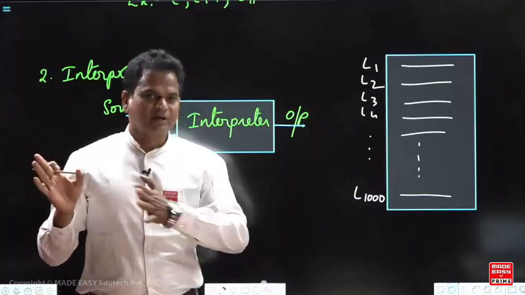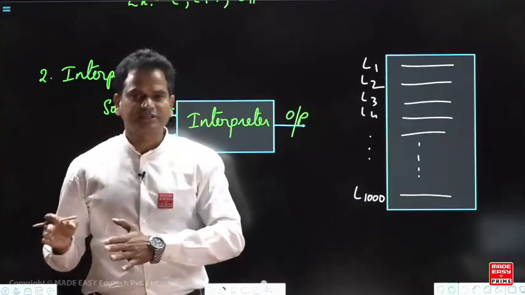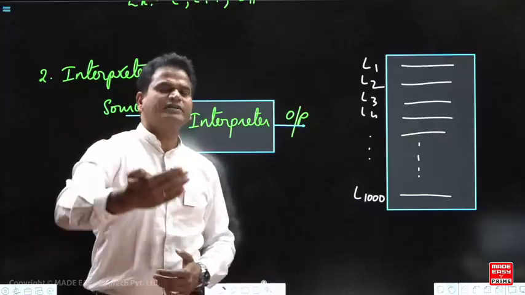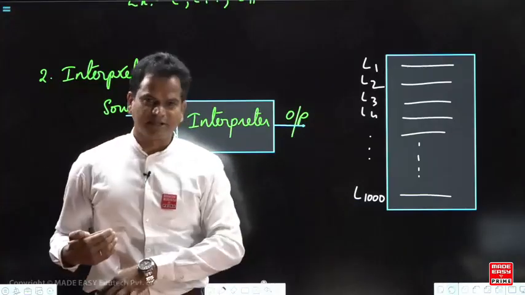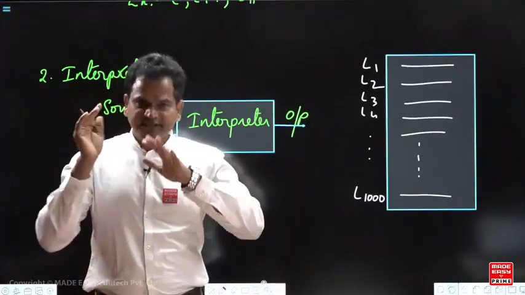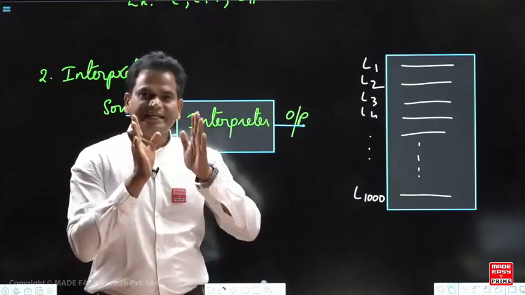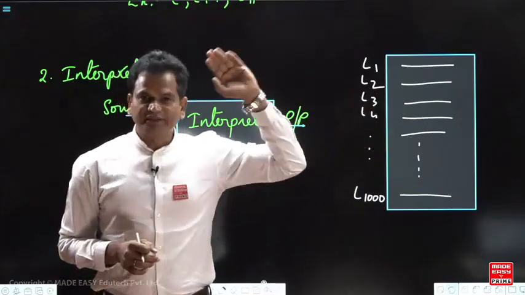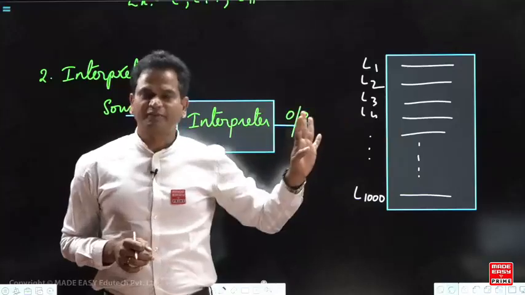Next, suppose you have developed a program using the compiler, and to the end user you need not supply the source program. You just give the exe file, the executable file, to the end user, and the end user uses that executable file.